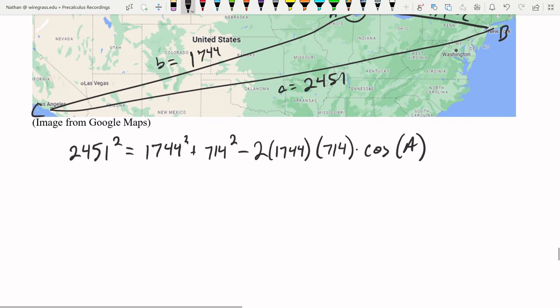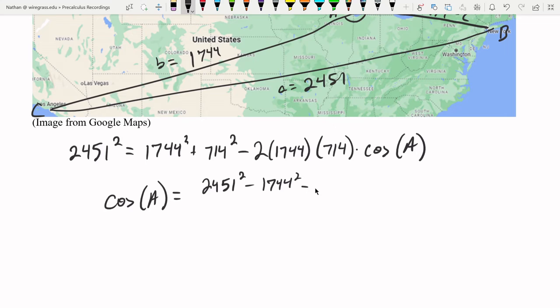So we can rearrange this, of course. That means cosine A is going to equal this. This is what cosine A equals.